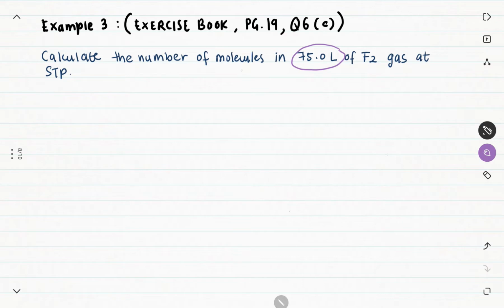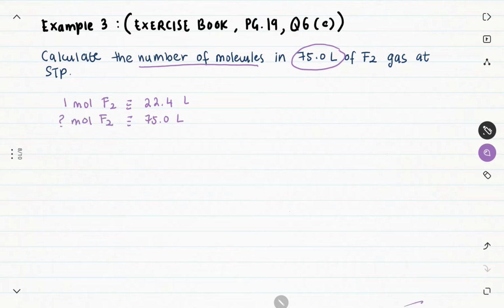You need to calculate the number of mole first. So to convert a volume into number of molecules, you need to relate it with molar volume. So we know that 1 mole F2 will have volume at STP 22.4 liter. Right now we have 75.0 liter. So how many mole of F2?